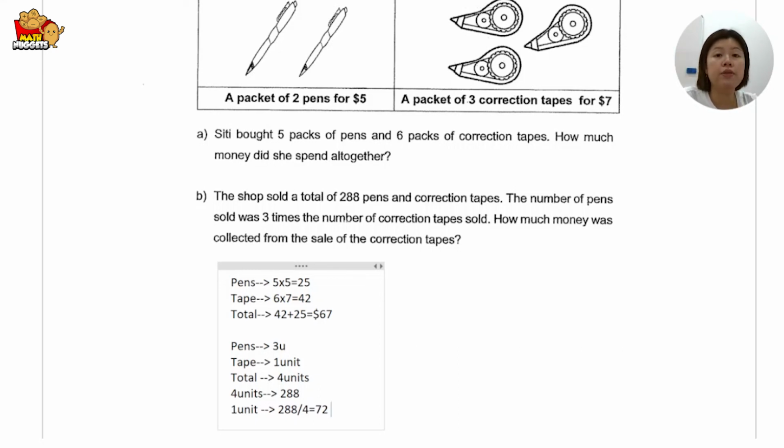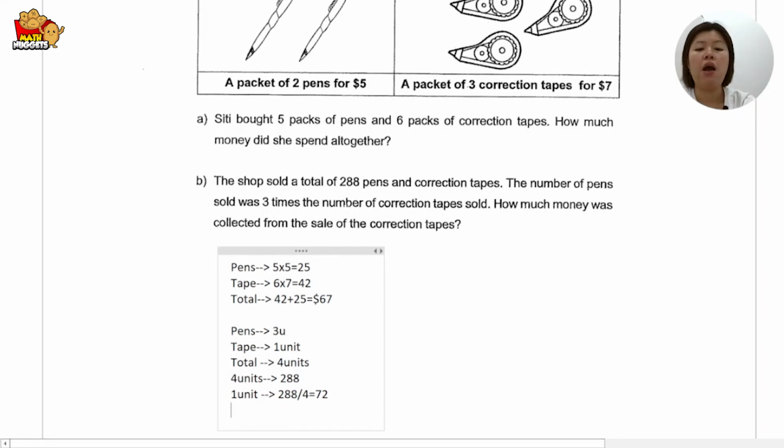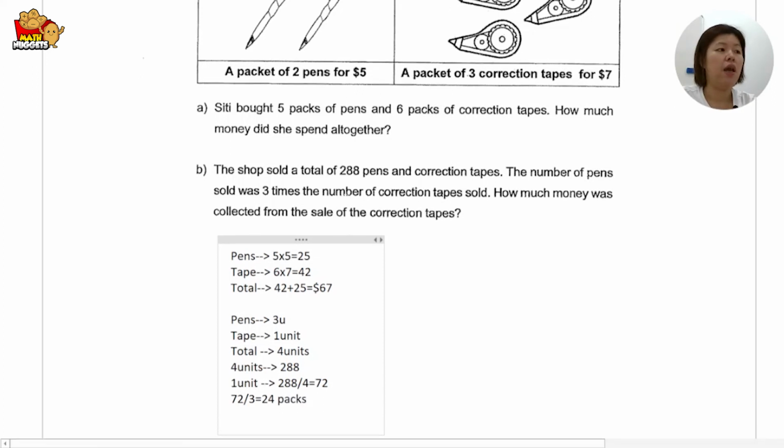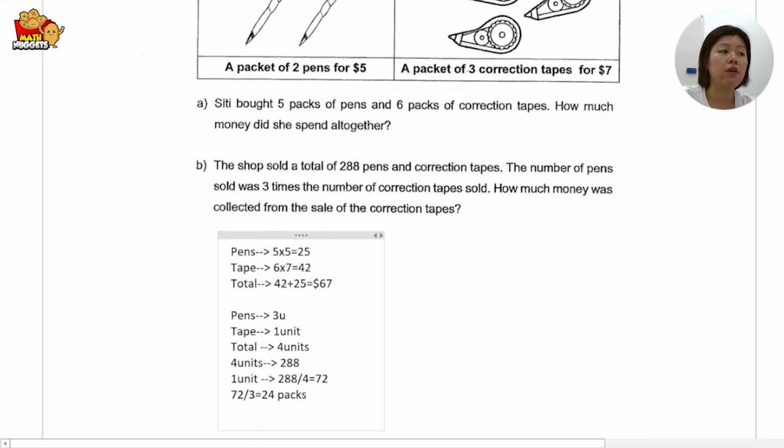So they want correction tape. Correction tape is 1 unit. So we know correction tape is 72 of it, and then it sells at a packet of 3, which is $7. So we can find for us how many packs of 3 do we have. So 72 divided by 3 equals to 24 packs, and each pack is actually $7.